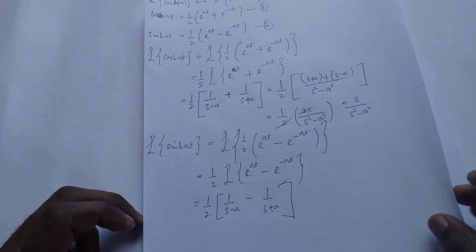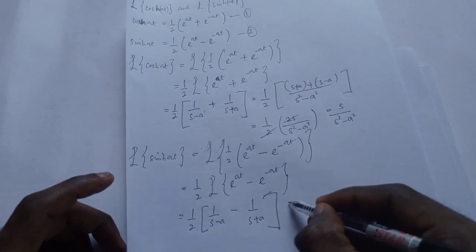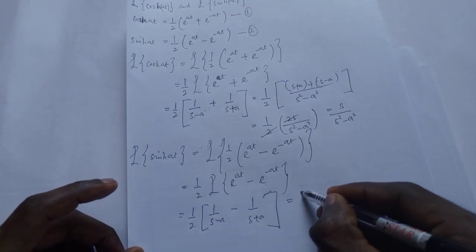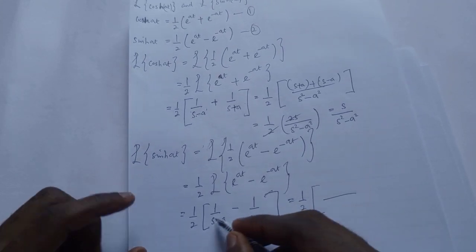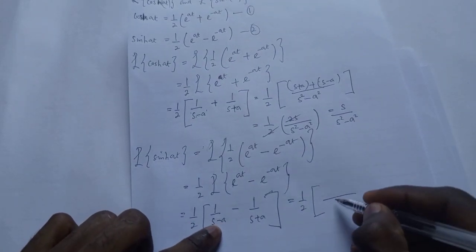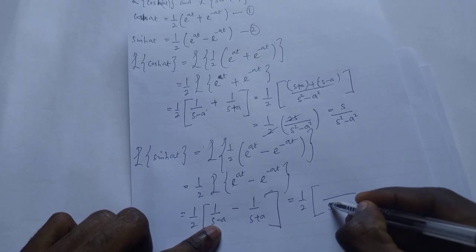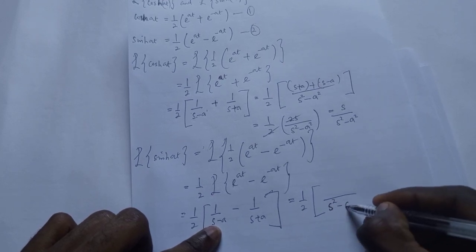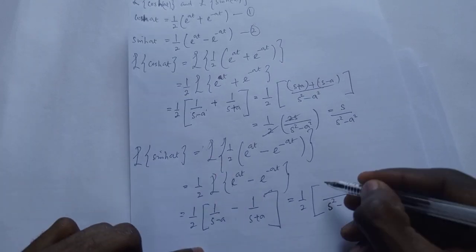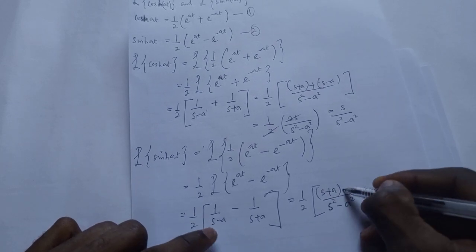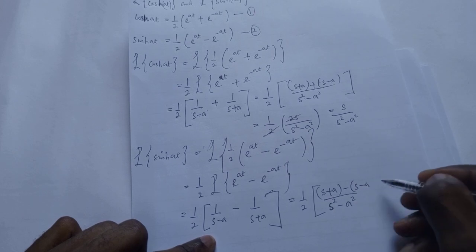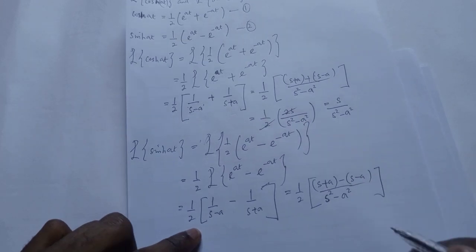So just like the Laplace of cosh, we just add these values. So we have 1 over 2 into the denominator. We have difference of two squares, s squared minus a squared, and adding we have s plus a minus s minus a. So that's what we have.